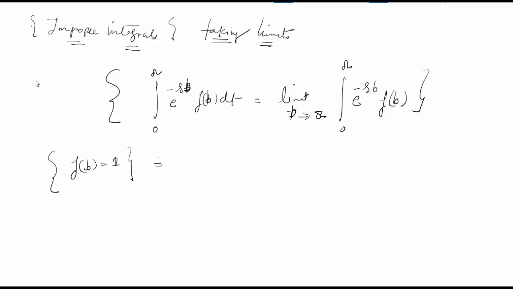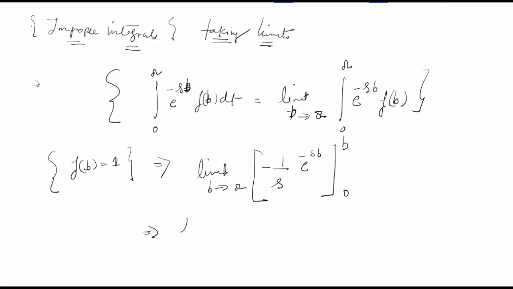The same thing which we solved can be solved as the limit as b tends to infinity, where the integration of this was minus 1 upon s into e raised to minus sb from 0 to b.